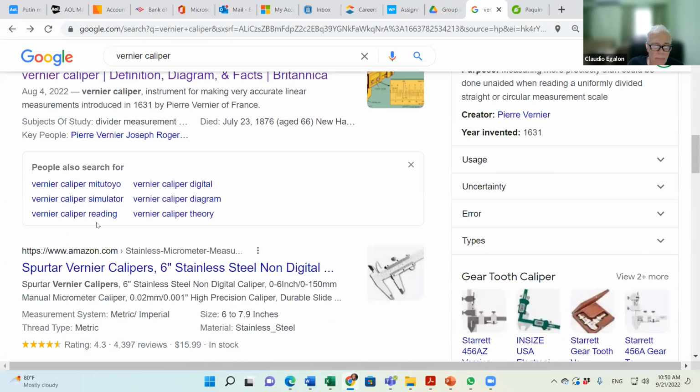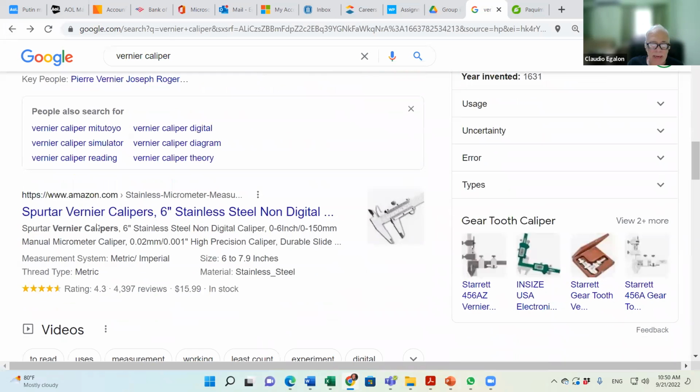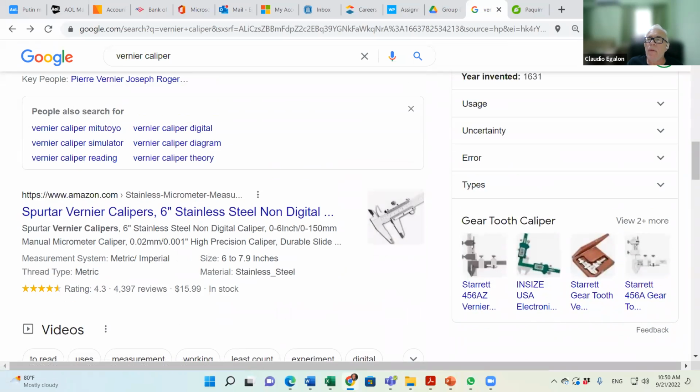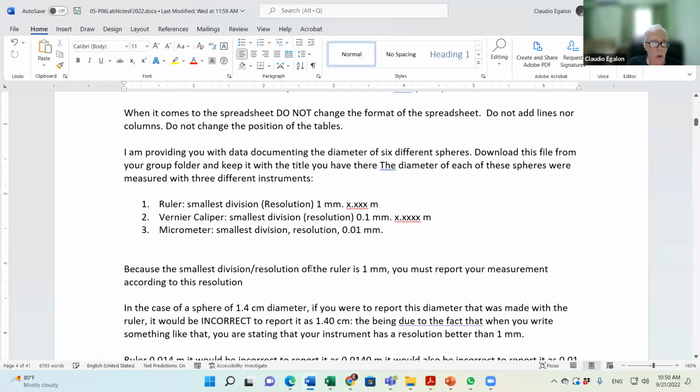But that's how those vernier calipers look. The regular ruler, those two jaws that are used to clamp the object and measure diameters and other types of lines, okay? So that's what you have to know.